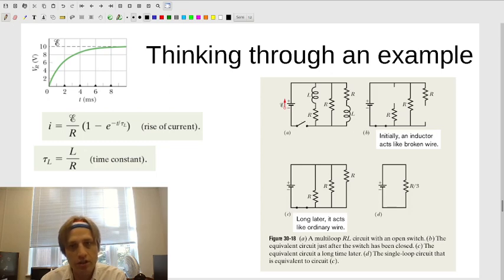Well, if I close this wire, initially what happens is that the inductor acts like a broken wire, and so you just get current through the middle pipe. But at the end of the day, once this current has reached its final value, these inductors now just look like a wire because the transient term has died off here.